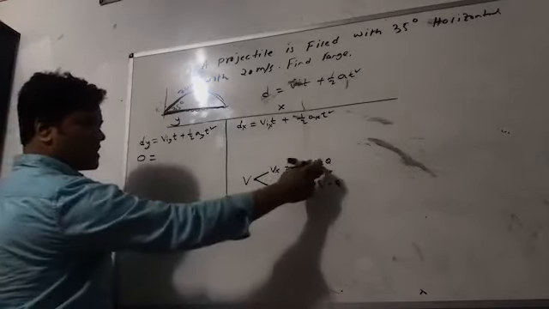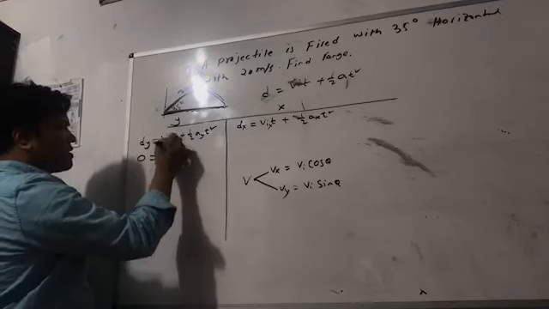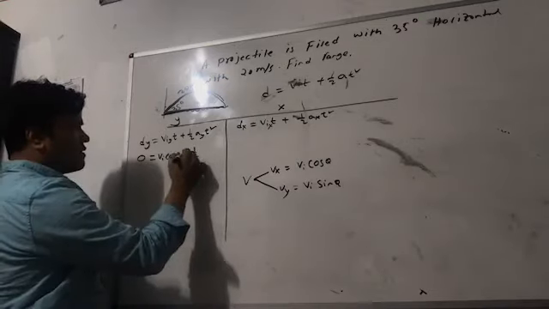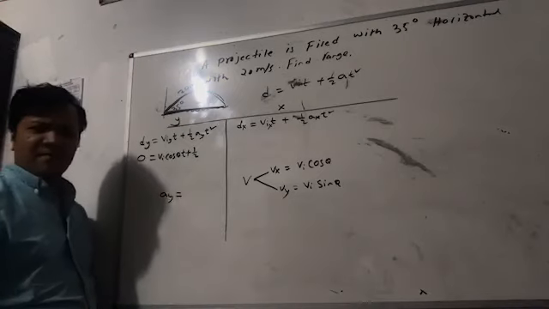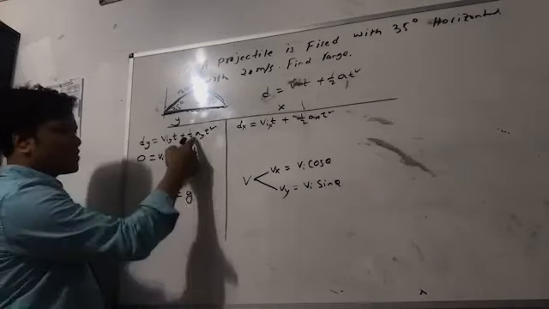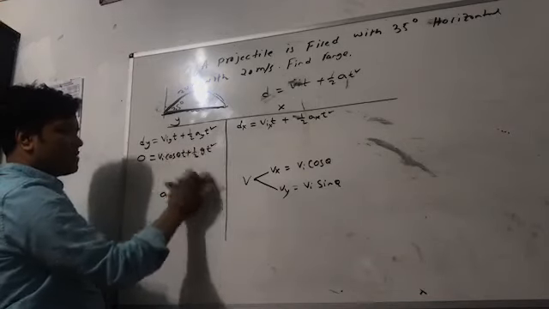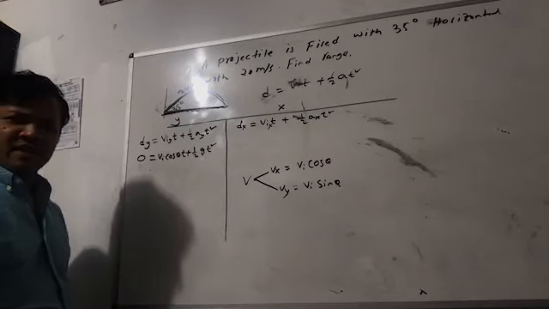V initial sine theta times t plus half the acceleration due to gravity. aY has another name, g is constant. So we're going to replace aY by g, and t squared. Great, it looks now simpler and nice and elegant.